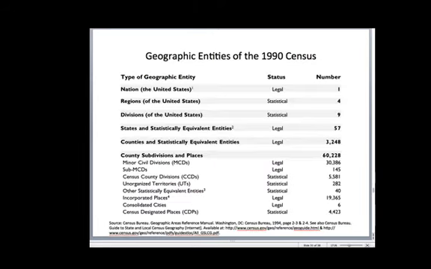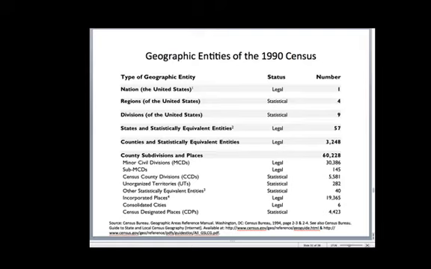The next slide actually gives a list of the geographic entities defined in the 1990 census, which are similar to those still used now in both the 2000 and 2010 census. The listing in the first column of types is similar to what we just looked at. The status tells you whether each particular entity has a legal status, or is it mainly a statistical or administrative status.